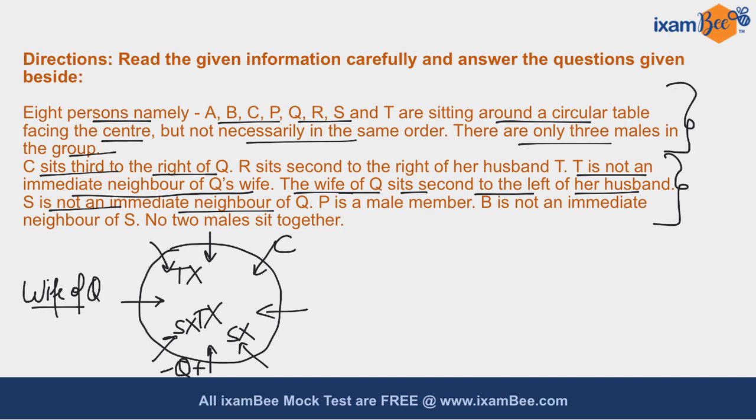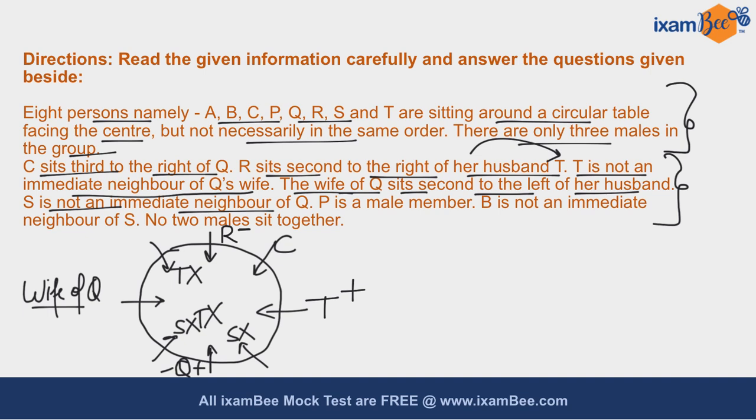Now it is given to you that R sits second to the right of her husband T, which means R is a female member because her husband is T, which is a male member. And based on this statement, I can place R over here and T over here because you cannot place both of them anywhere. So these are the only possibilities left for them.